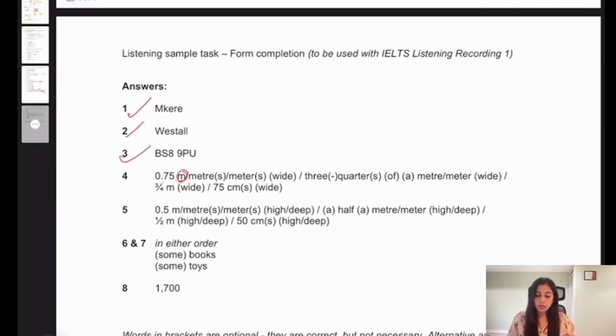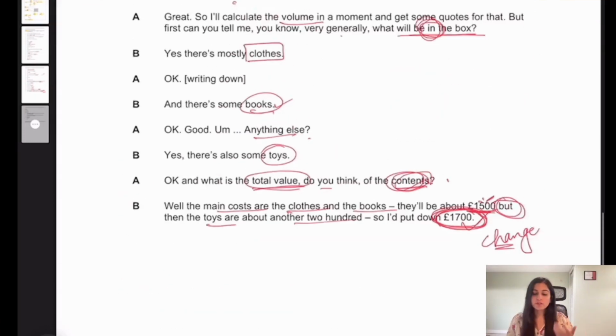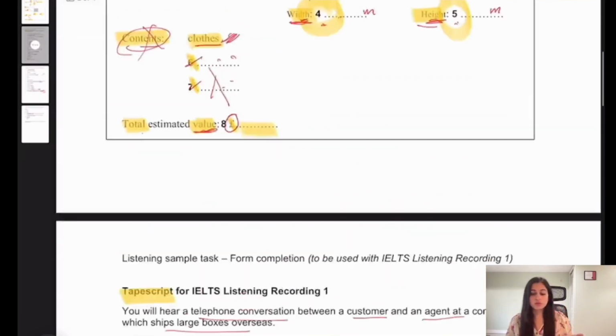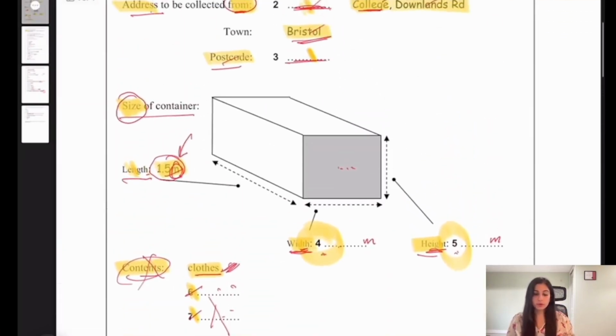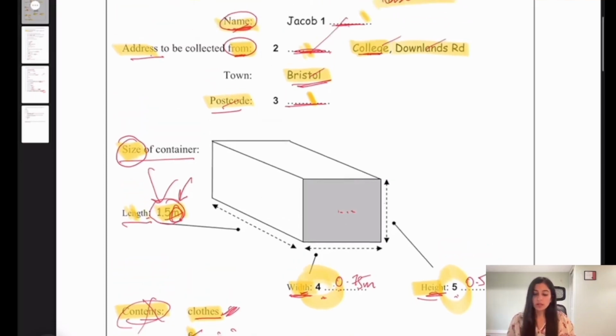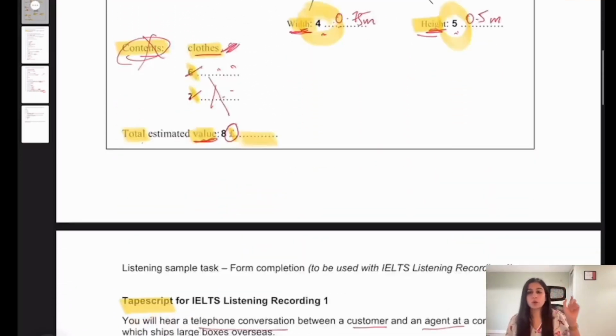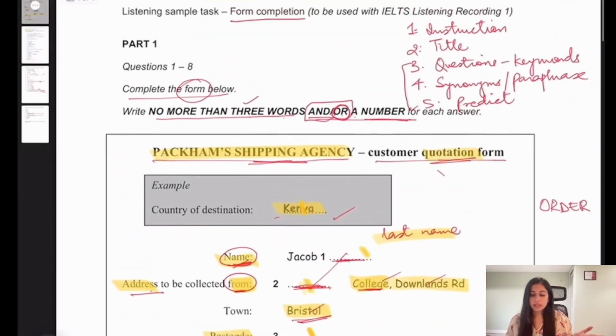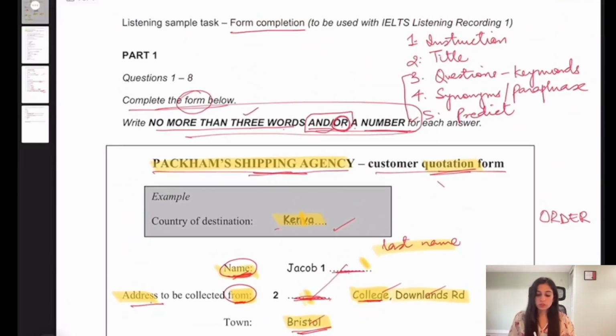But if you want to write meter or meters, and you also want to use the word wide, that is all correct, but follow the format of the form. If in the form they've used 1.5 meter, use it in the same manner, 0.75 meter, instead of writing meters wide and all of that, even though it will be correct because you are following the instructions.